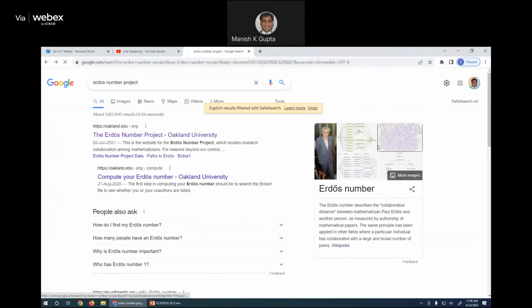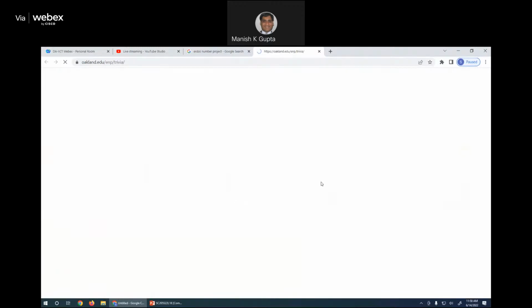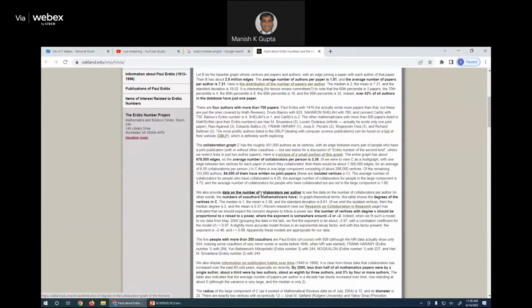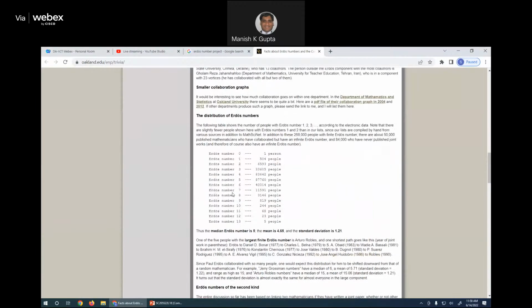I think these images should be visible. Look at the graph. Oh, where is the graph? Strange. You can see the distribution. There is one person with Erdős number 0. Erdős number 1, there are 504. Erdős number 2, 6,593 people in the world.